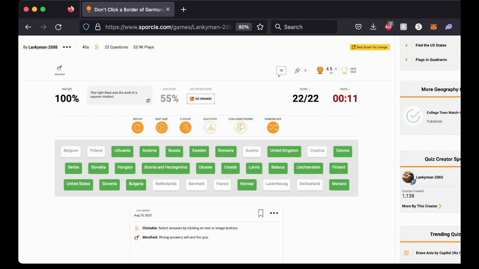Okay, so we were able to go through those. Germany has a lot of neighbors: Belgium, Poland, Netherlands, Denmark, France, Austria, Luxembourg, Switzerland, Czechia.